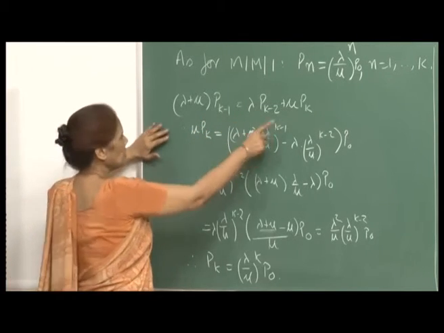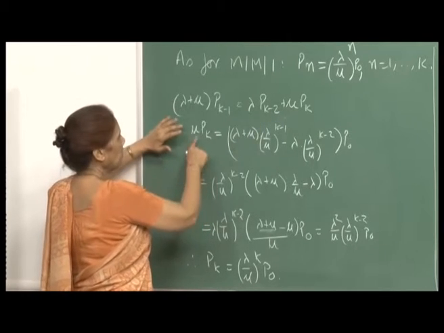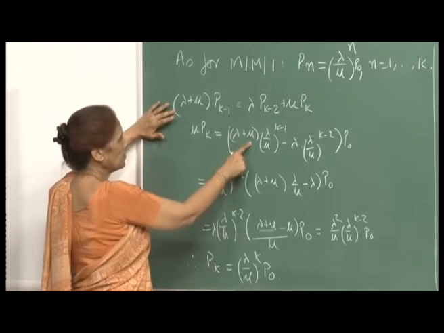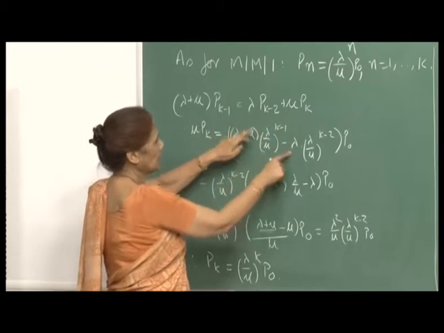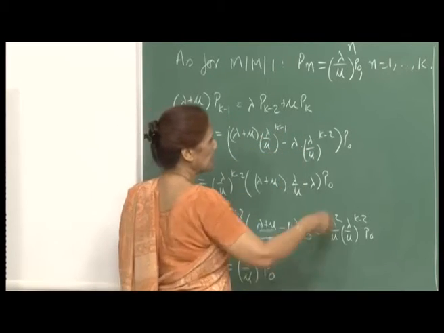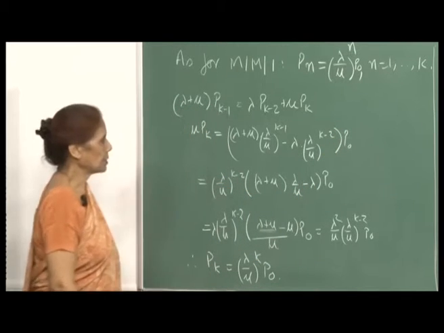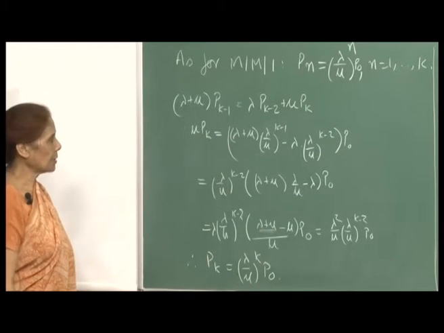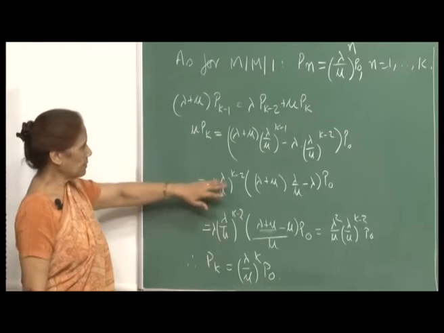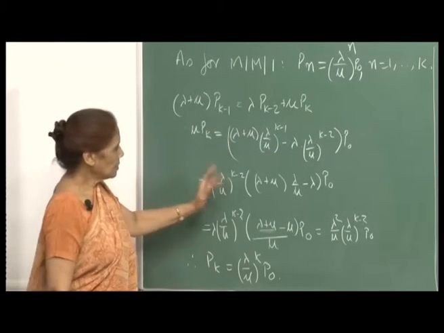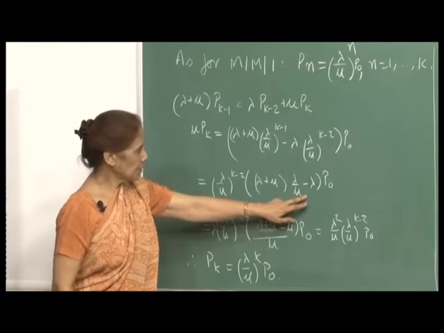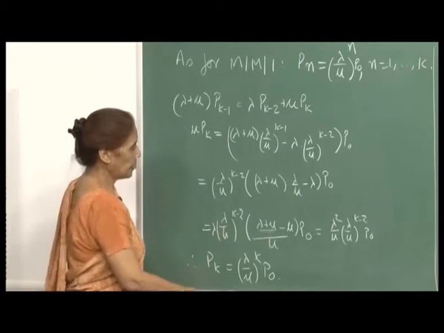So, I just substitute. Therefore, your mu P k is equal to lambda plus mu times lambda by mu raised to k minus 1 minus lambda times lambda by mu raised to k minus 2, into P naught, right, everything is in terms of P naught. So, therefore, just simplify: lambda by mu raised to k minus 2 you can take outside. So, then you will be left with this expression and here you can simplify.